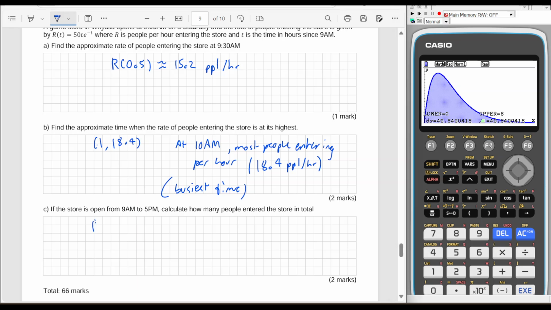So number of people. It's going to be the integral from 0 to 8 r of t dt. Which roughly equals 49.8 people. So about 50 people in total. Okay.